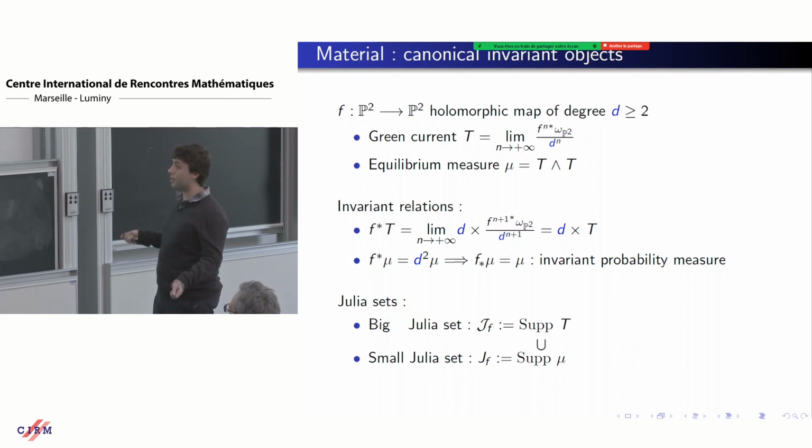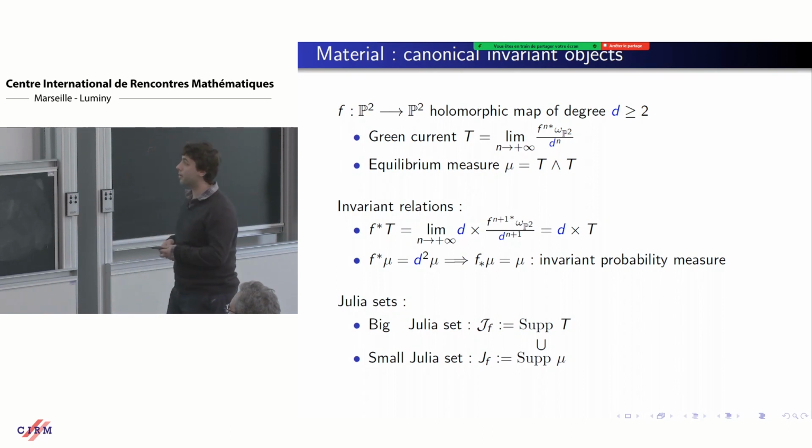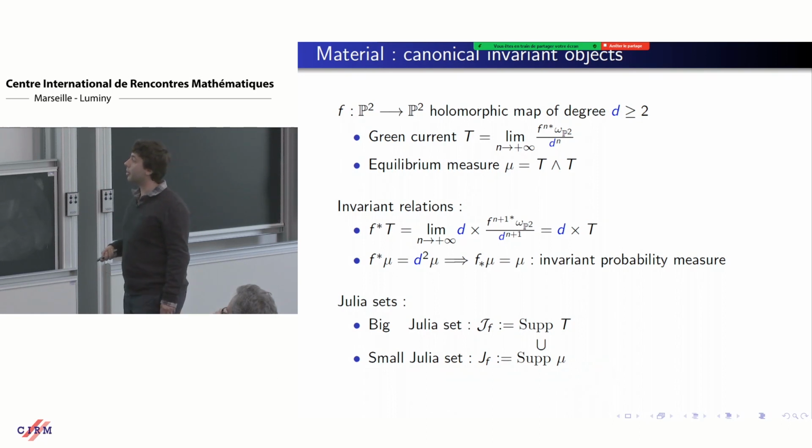So the Fatou set, as you may imagine, is a set where the iterates of F have a good behavior, and these sets are where the dynamics is more chaotic. And the Julia set is where the dynamic is most chaotic. The small Julia set. Okay.